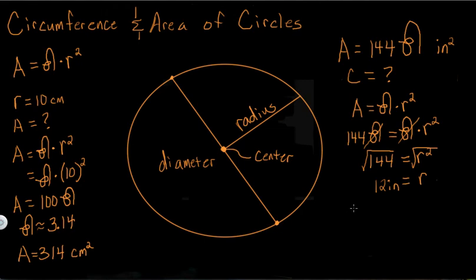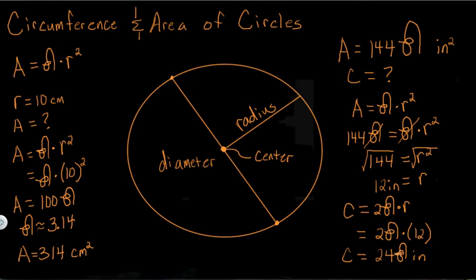So we need another formula, and that's the formula for circumference, which is 2 times y times the radius. So that's going to be 2 times our constant times the radius, which we just found is 12 inches. All right, so 12 times 2 gives us 24y inches. And this is our circumference.